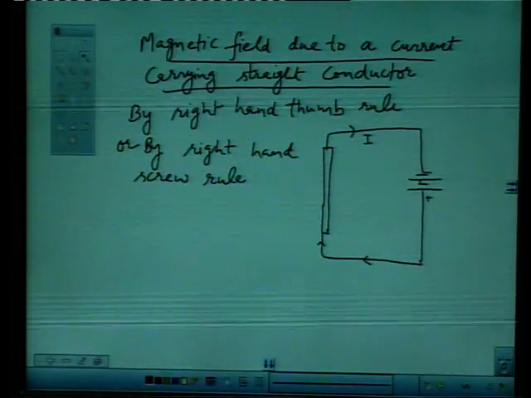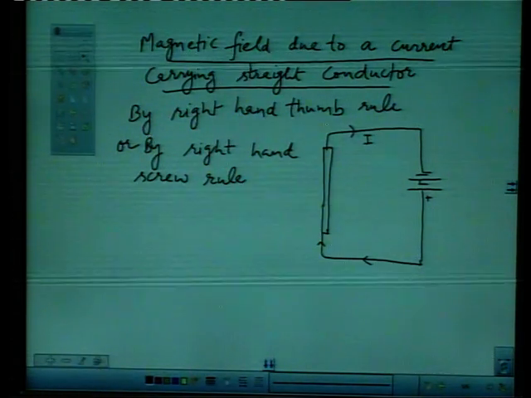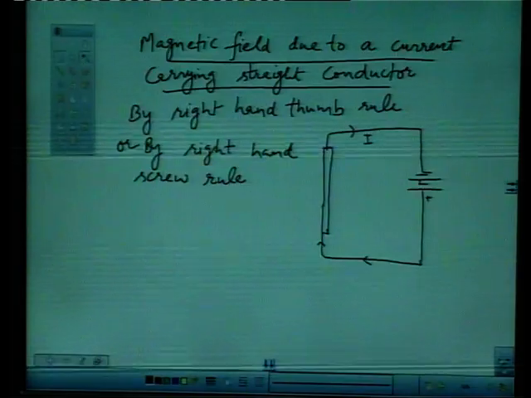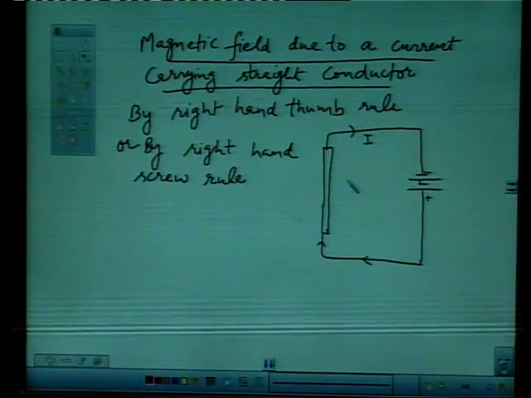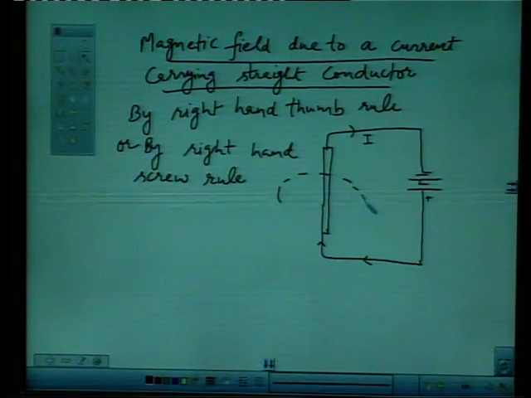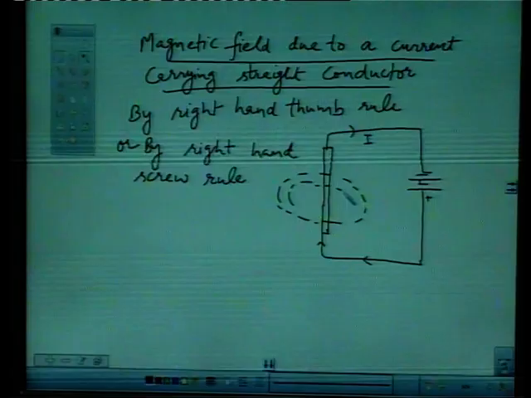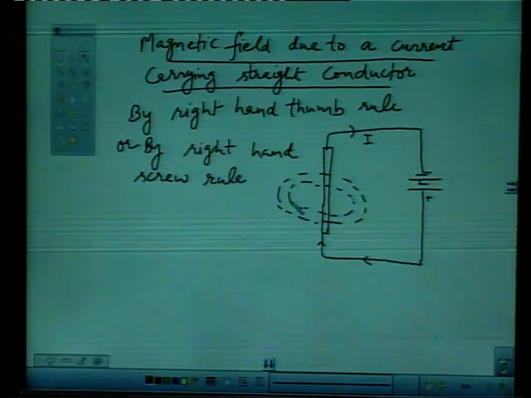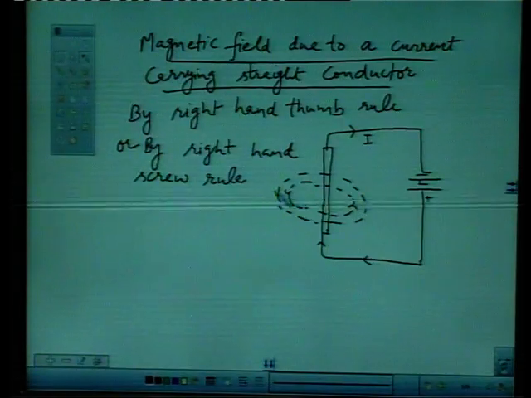If we take the direction of current as the direction of right hand thumb, then curl the fingers. This will give us the direction of magnetic field, which will be the circular lines around this conductor, and the direction will be anti-clockwise.